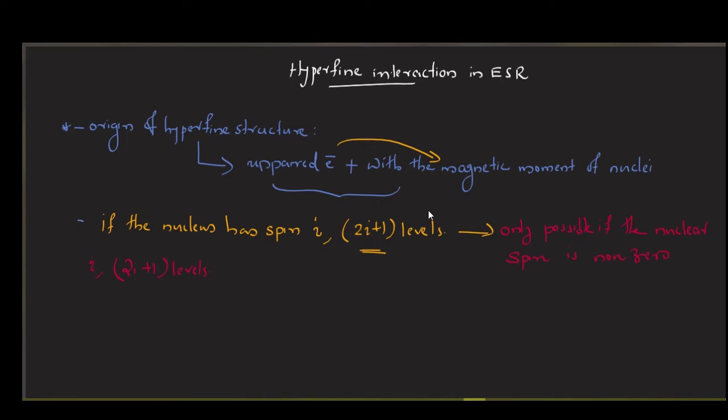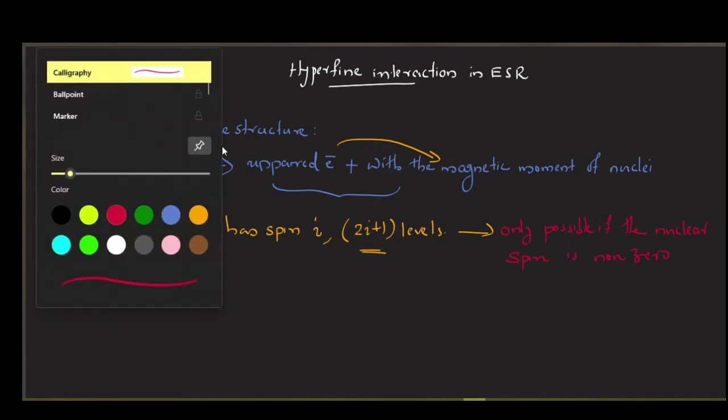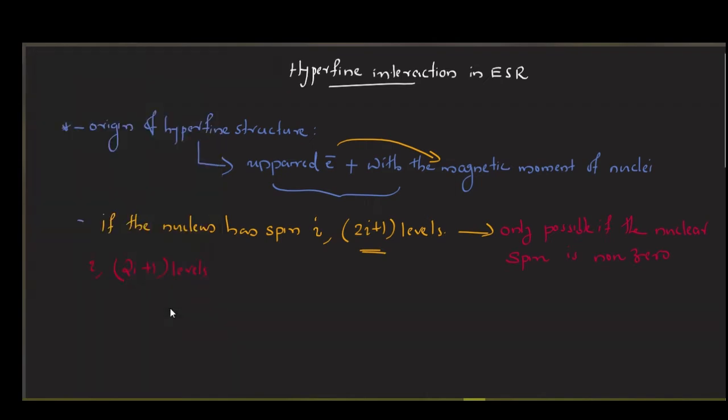Now let us consider a nucleus of spin half. We have already defined that if the nucleus has spin I, then the ESR spectral line will split up into 2I plus 1 levels.